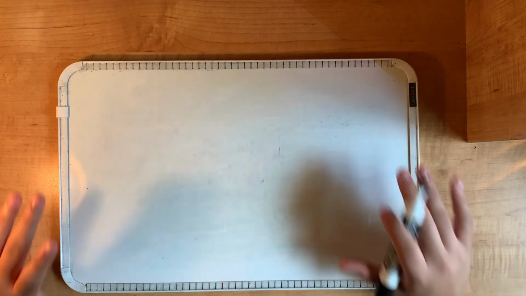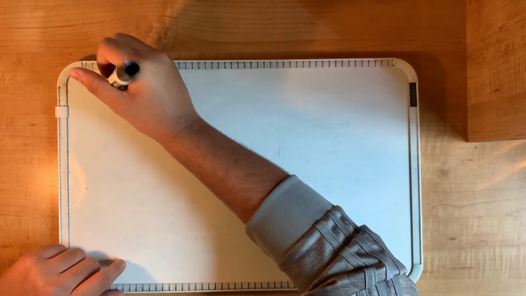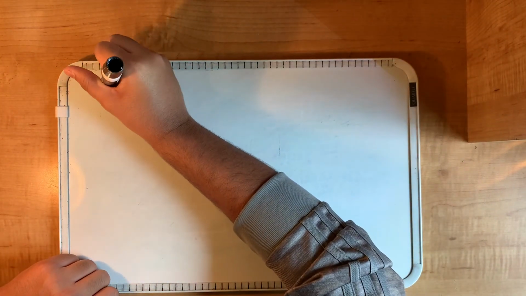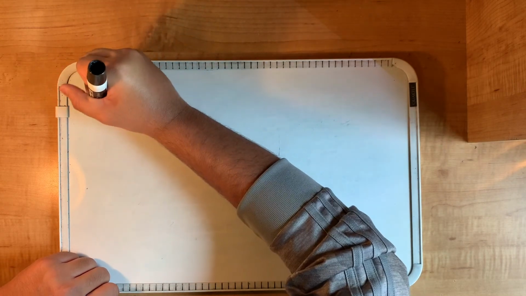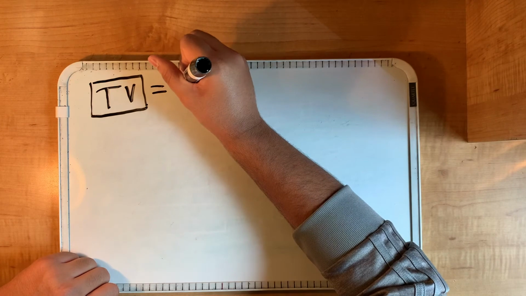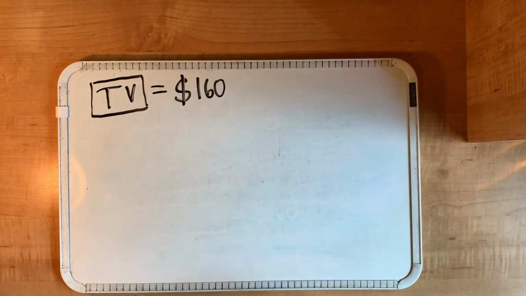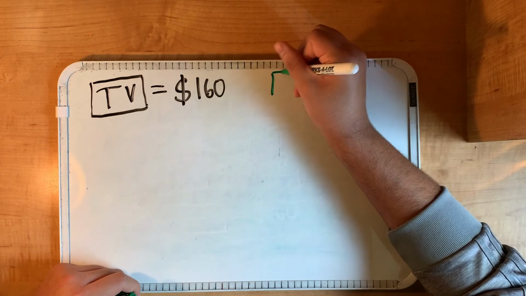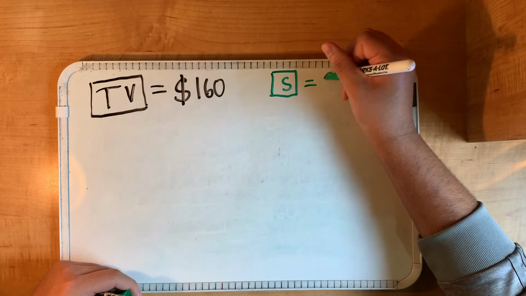Our last step is to check our answers. We found that the price of 1 TV is equal to $160, and the price of 1 speaker is $40.